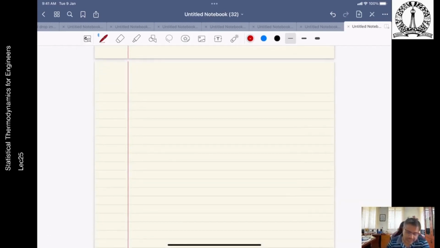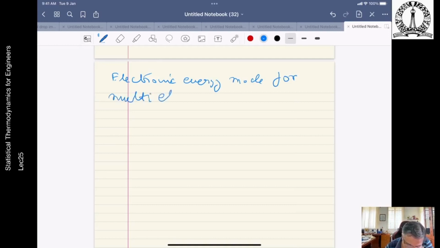Now we move on to the electronic energy mode for multi-electron species.